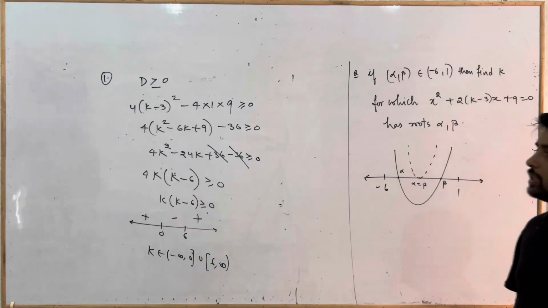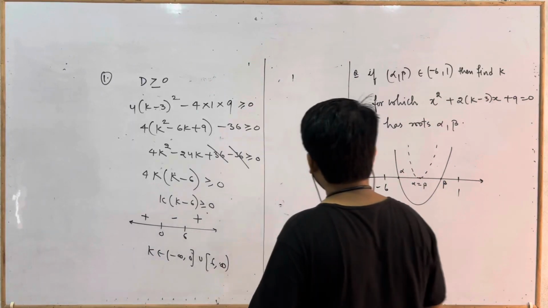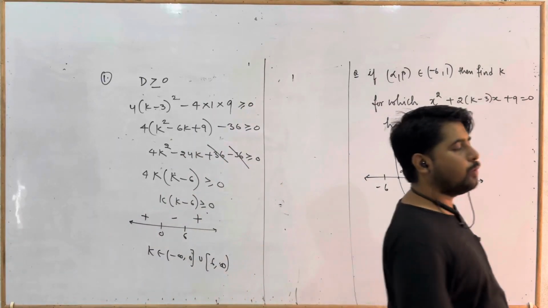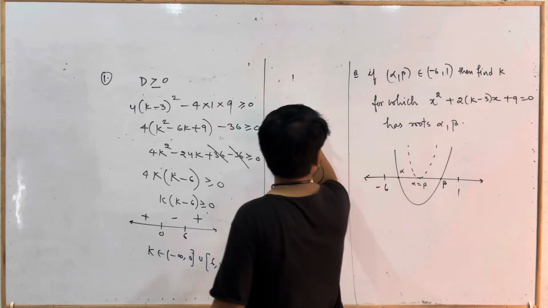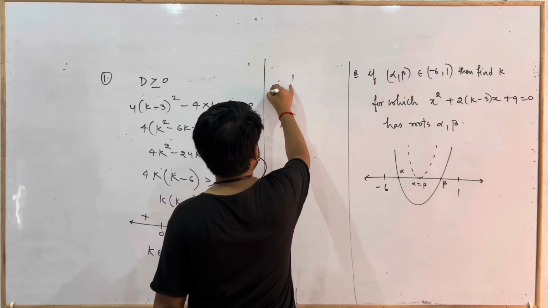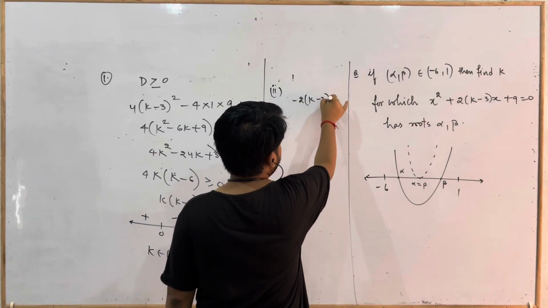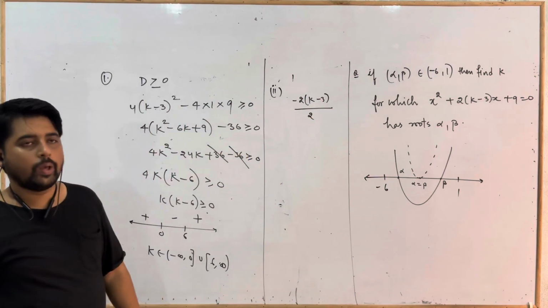What is the second condition? Look at it. Here, minus b by 2a. What is the second condition? Minus b by 2a is between minus 6 to 1. So what is minus b by 2a? Minus b by 2a, that is minus 2 into (k minus 3) divided by 2 into 1. This is minus b by 2a.